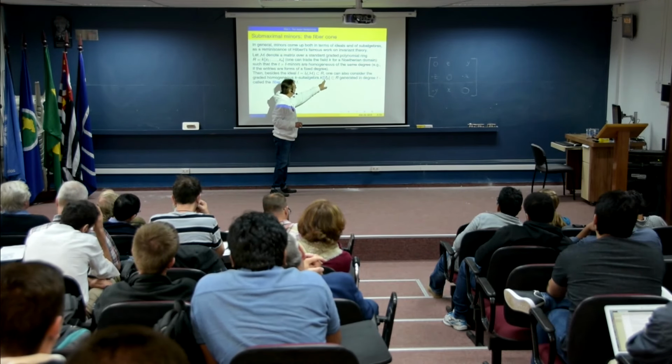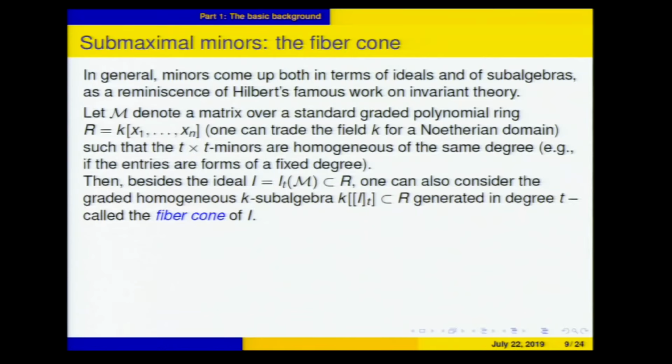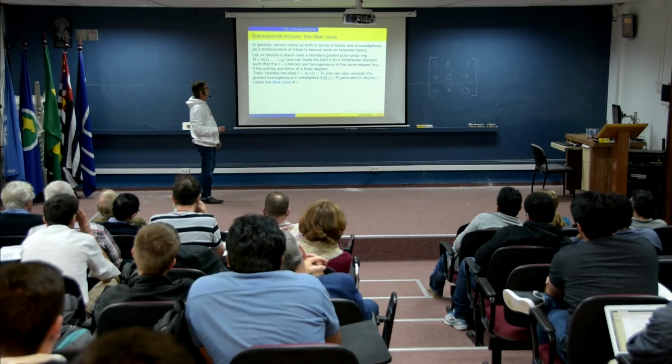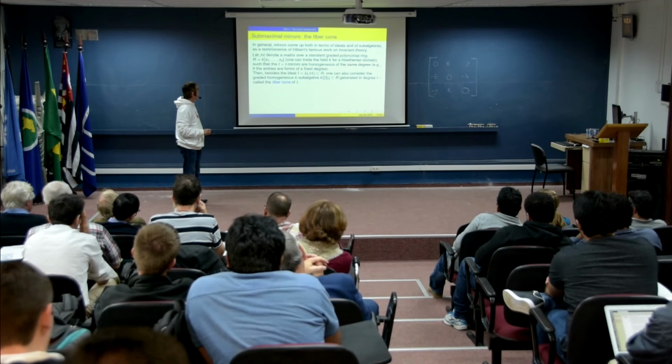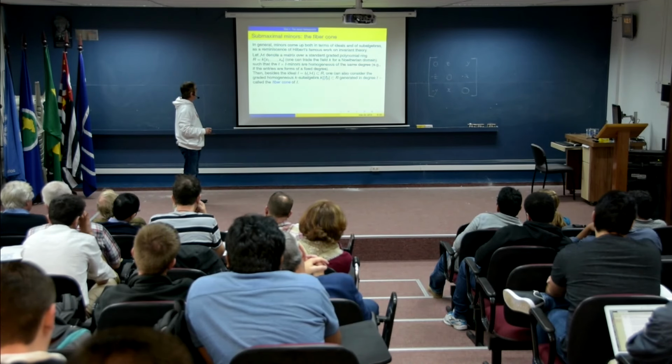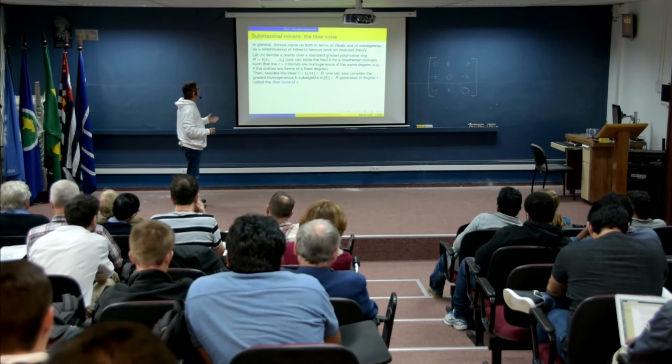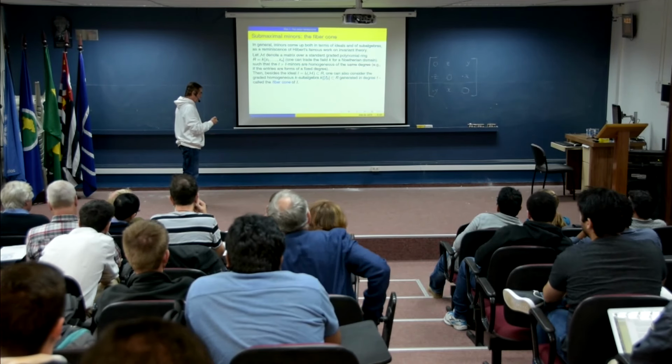This for me means the linear system of the ideal generating degree T. So you can take the ideal or you can take the subalgebra. If you take the subalgebra, then this is what's called the fiber cone of phi, or it should be called the T fiber cone. So anyway.